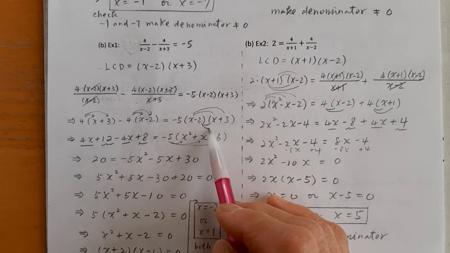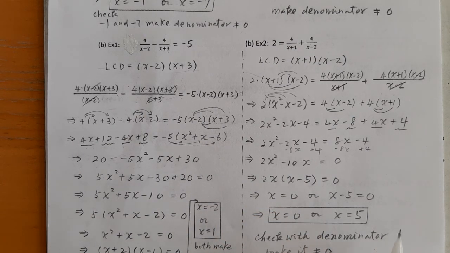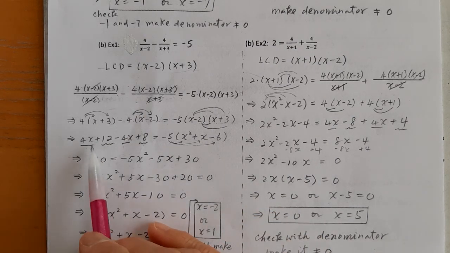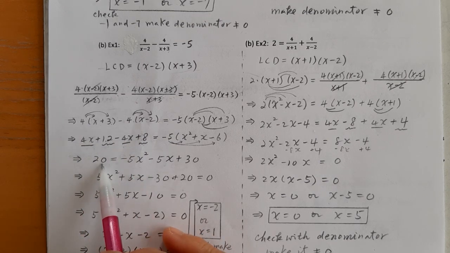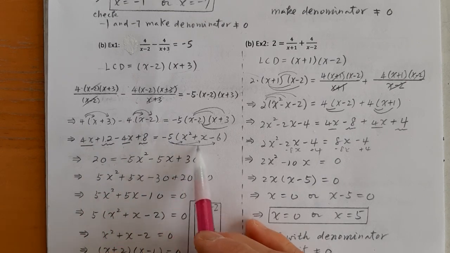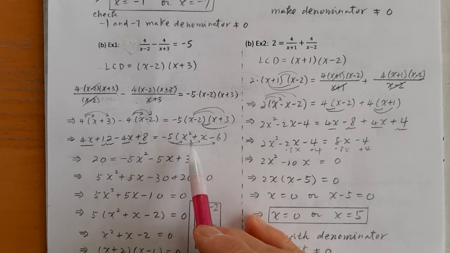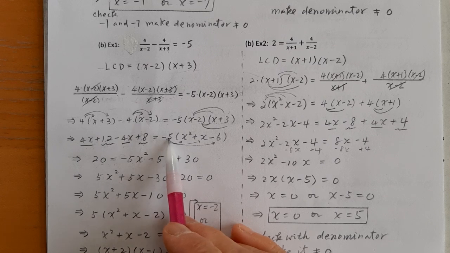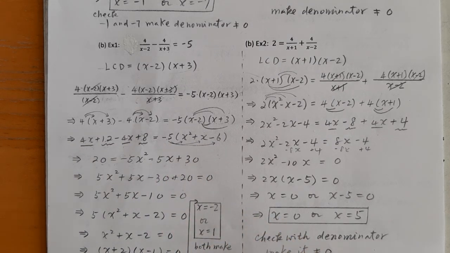The last term product, -2 times 3, is -6. Then combine like terms: 4x minus 4x is 0. 12 plus 8 is 20, equals. Distributing, -5x squared. Negative times positive is -5x. Negative 5 times negative 6 is positive 30.